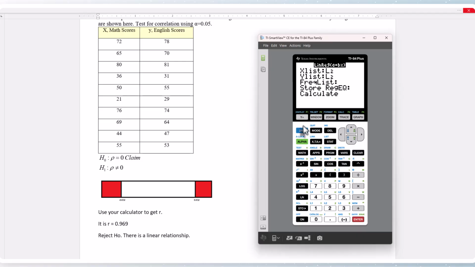We need L1 and L2 for the second column, and then we calculate. At the very bottom, we can see R. It's 0.969. This will fall in the critical region, so we reject H naught, and we say there is a linear relationship.